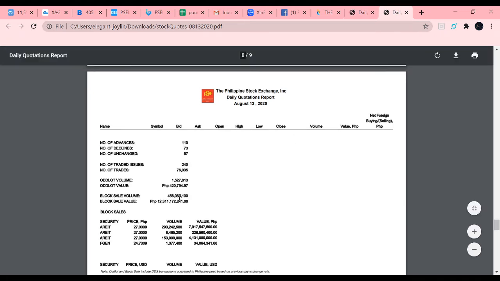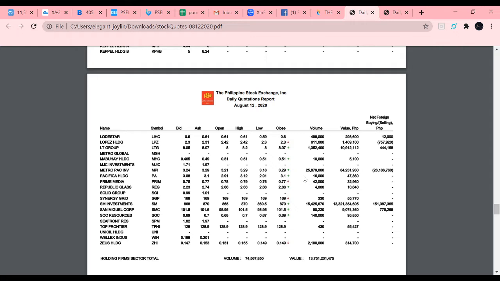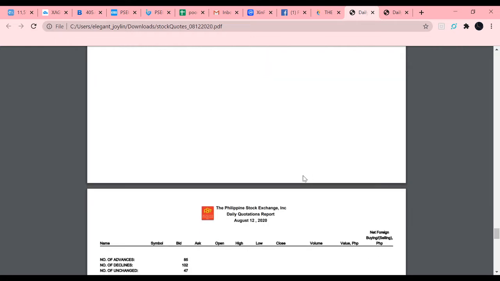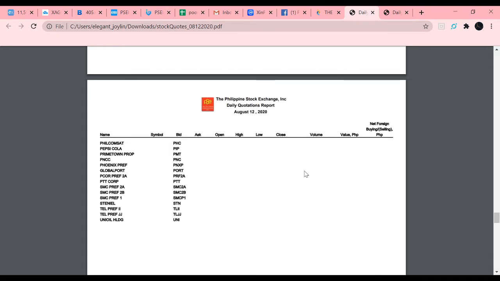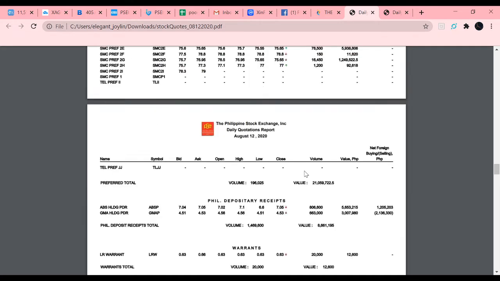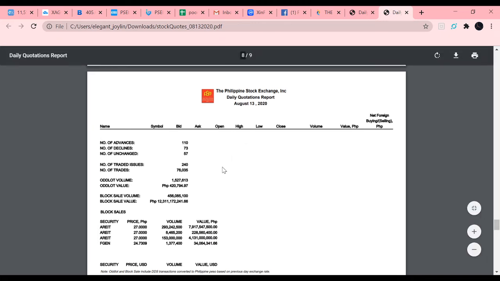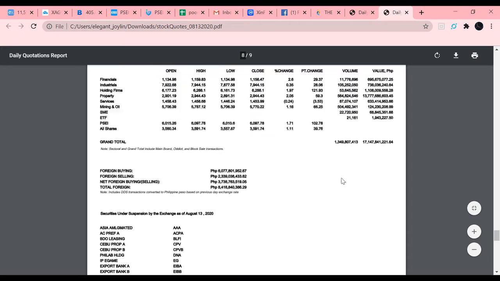It's a block sale, so let's check August 12. So, AREIT transactions were the bulk of it. If we exclude it, it's more than 12 billion.